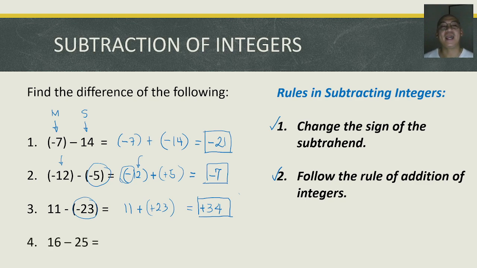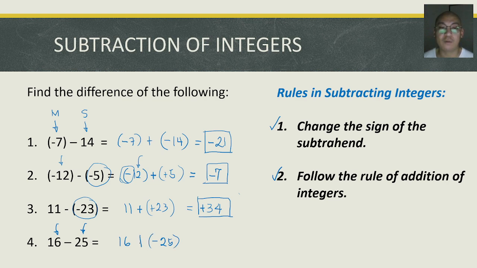See? And let us try 16 minus 25. So let us first do the rules in subtracting integers. Okay? First, the minuend is 16, so it stays +16. And then we have +25. Let's change it from positive to -25.